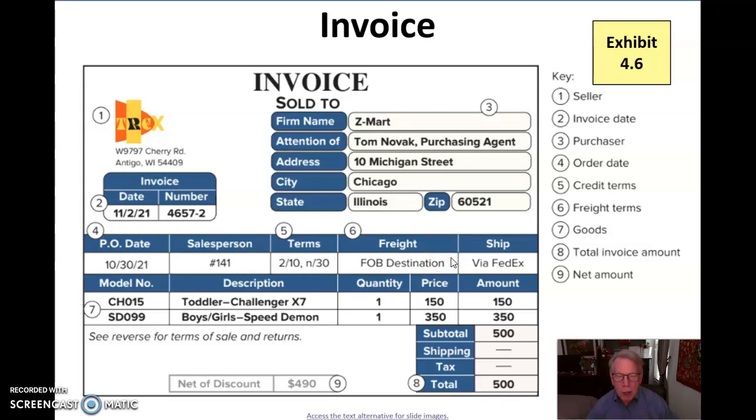So we're not going to transfer title until these goods get to the customer, Z-Mart in this case. Okay, and they're shipping via FedEx, and here's the stuff that they're purchasing, some clothes it looks like, and it totals $500. Now, if you pay within that 10-day period, you can take $10 off of that $500 total.